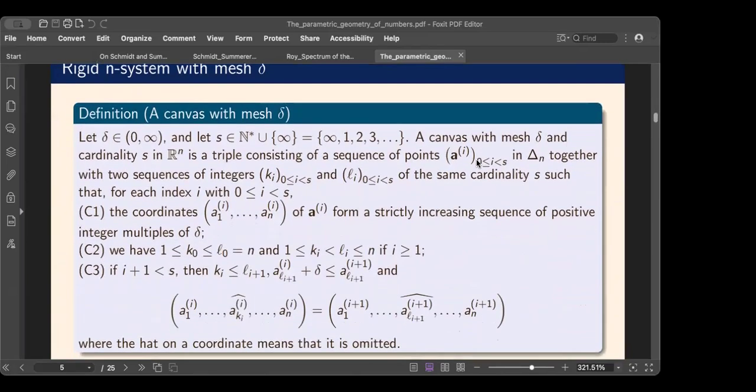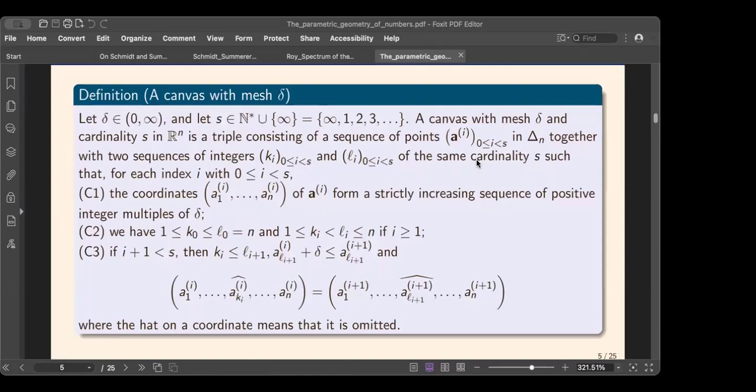Then Roy defines the rigid n-system with mesh delta. Here, he first defined a canvas with mesh delta, which I think is the nodes information encoded in the rigid n-systems.